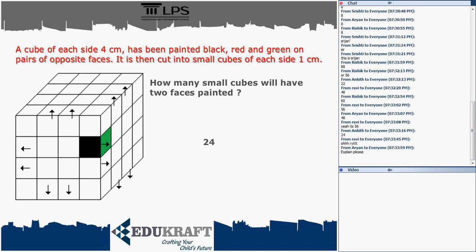I have shown you how one of the cubes will be painted on two of the faces. Just on the front face itself, you will be able to count 8 cubes that will be painted on two faces. Another arrow, another 4 arrows on the face.